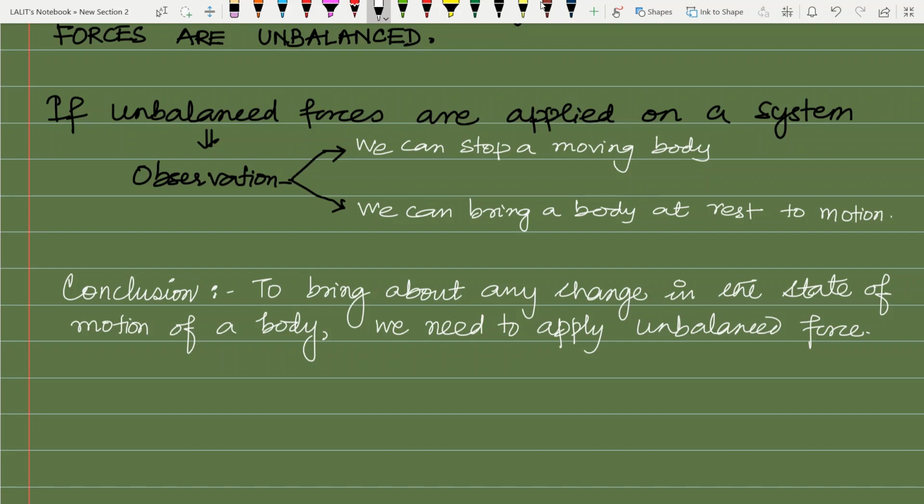So what is the definition of unbalanced force now? We can define the unbalanced forces now.